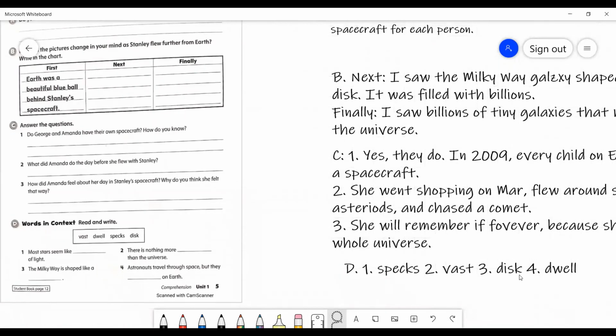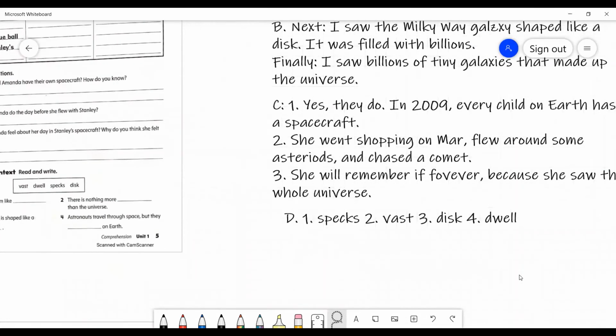So number 3, how did Amanda feel about her day in Stanley's spacecraft? Why do you think she felt that way? So this is question number 3, and according to my opinion, the answer should be, she will remember it forever.